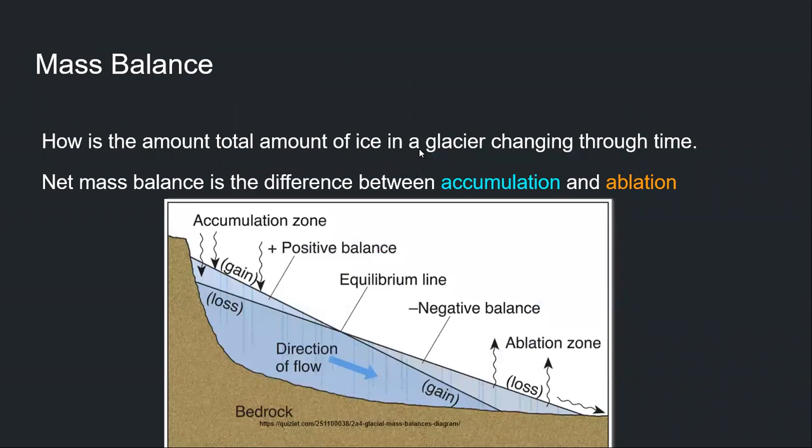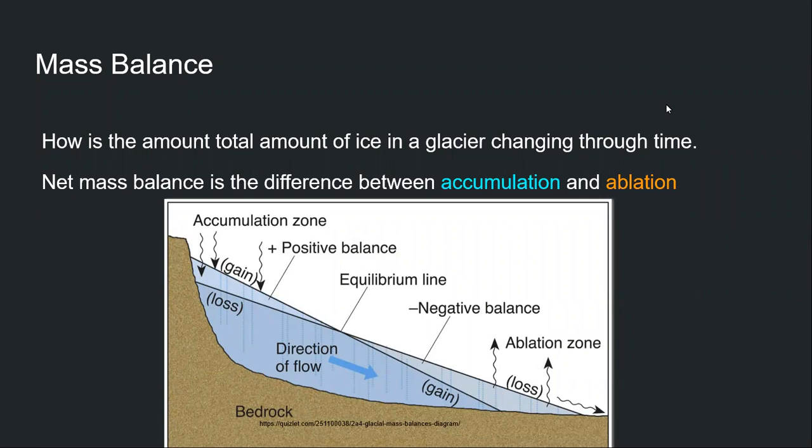And now if we talk about mass balance, it is probably the most important concept in glaciology. It tells you how the glacier is doing, how the total amount of ice is changing through time. We are talking about net mass balance, which is the difference between accumulation and ablation.